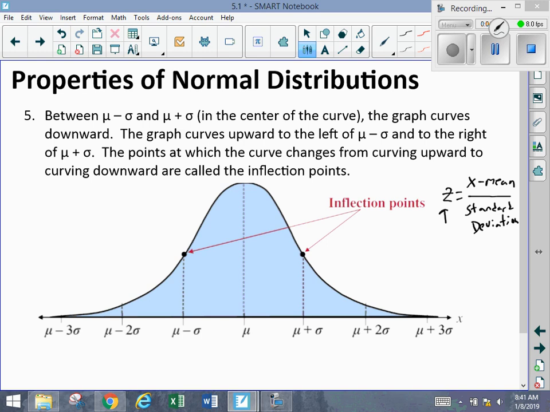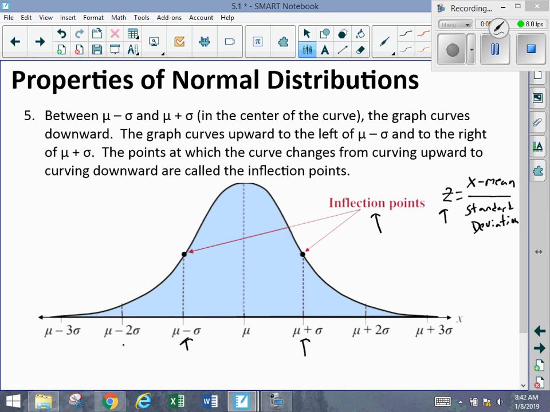And I don't really think you need to know a lot about the inflection points. Just know about where that curve starts. That's where your first standard deviation is, right? So this point is 1 standard deviation from the mean, and this is also 1 standard deviation from the mean. One is above, and one is below, right?